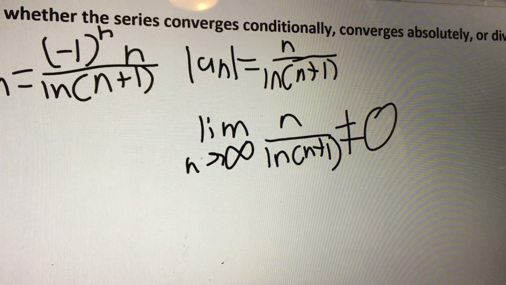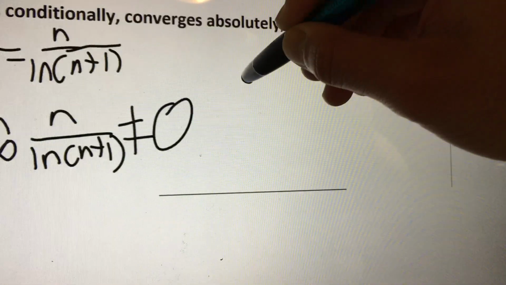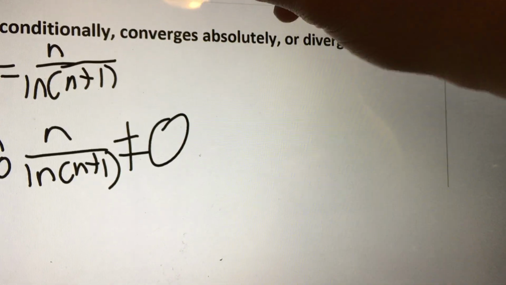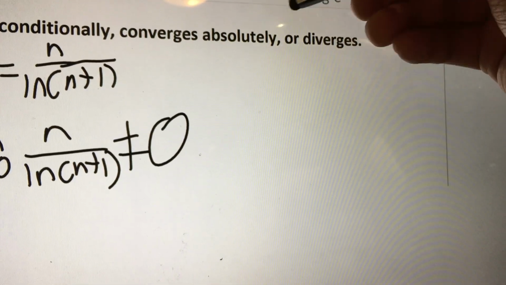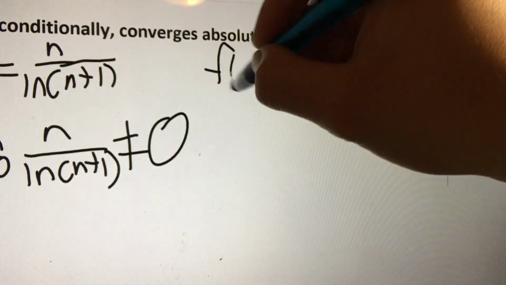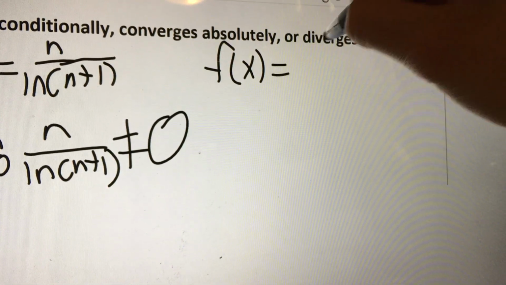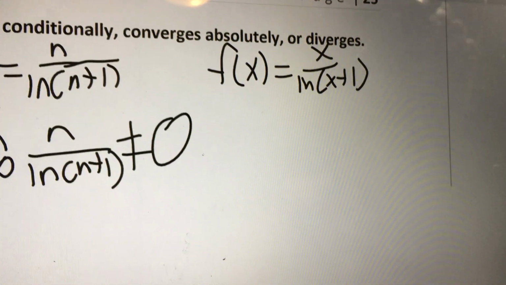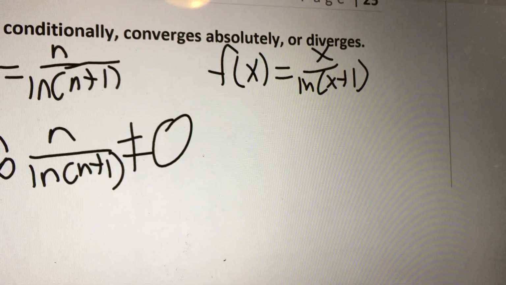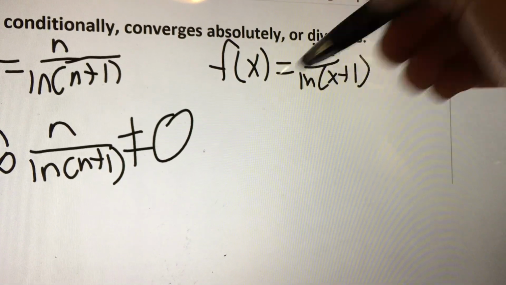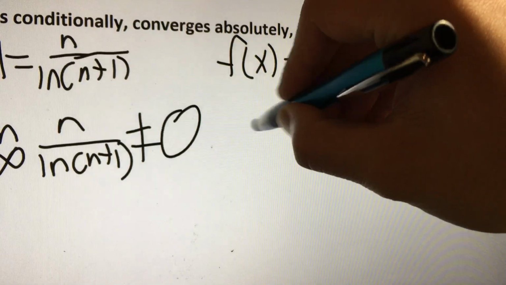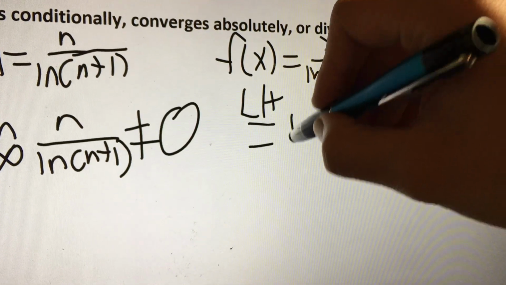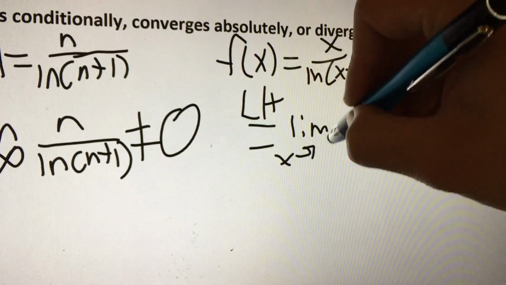But we can also take the limit of this by L'Hopital's rule, because if you can see it, we know we've got to use L'Hopital's. We can only use L'Hopital's rule if it's a continuous function. So we say f of x equals x over ln of x plus 1. But if we take the limit of that, it's going to be a little hard. So let's use L'Hopital's. Take the limit as x approaches infinity.